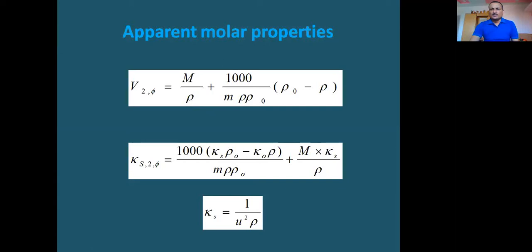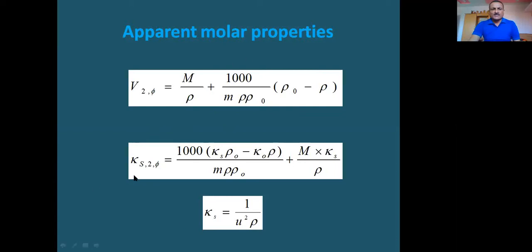So if you know the molality, that is the concentration of the solution, and the density of solvent and density of solution, then we can determine the apparent molar volume of the given solute in the solution.